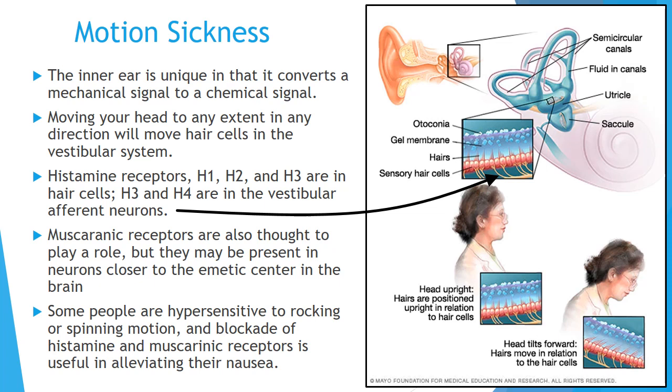Those are not considered as effective. So you need to use either an older antihistamine that has anticholinergic effects, or just a pure anticholinergic. That would be the older antihistamines like diphenhydramine, or again doxylamine, something like that.